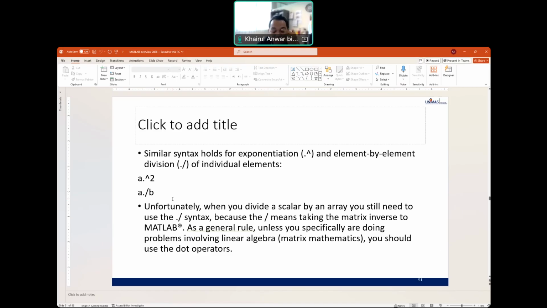But for division, if you divide a scalar with an array, you still need a dot.